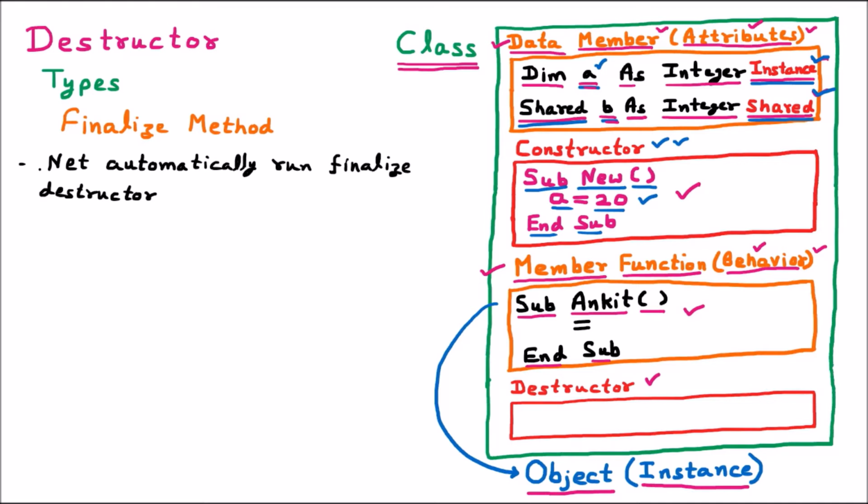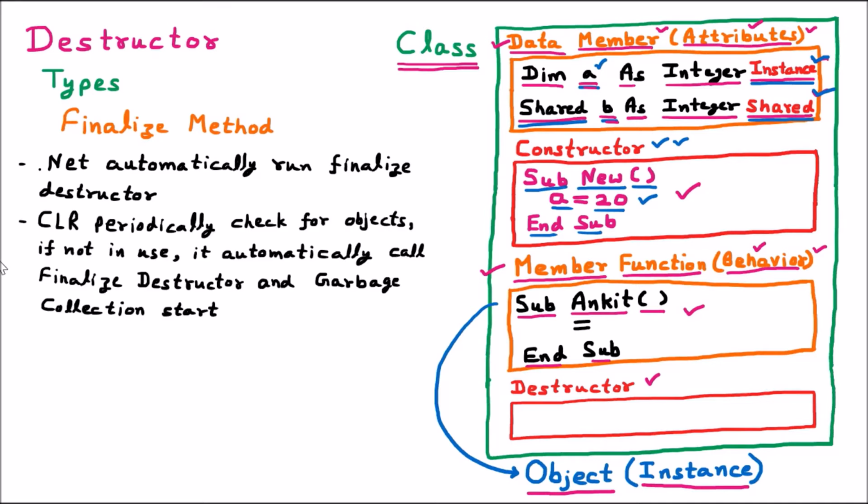It runs automatically. We know that in .NET there is a major component called the CLR. So CLR periodically checks for the objects. If an object is not in use, it automatically calls the finalize destructor and garbage collection starts.